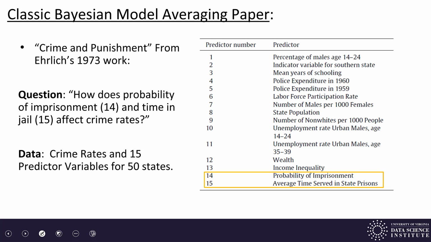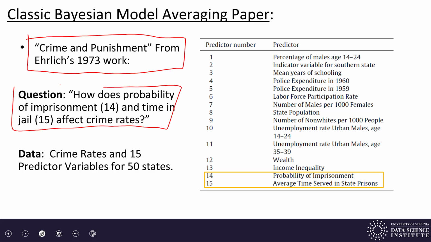So here's the problem that we're going to cover in this paper. This problem and this data set come from a 1973 work by Ehrlich called Crime and Punishment, and it's this question: how does the probability of imprisonment in jail affect crime rates?